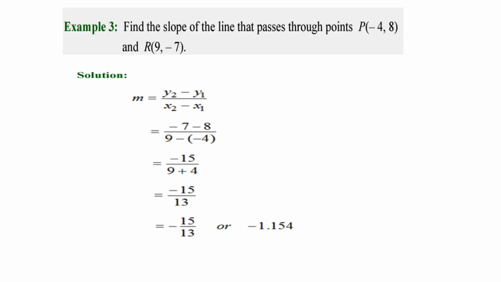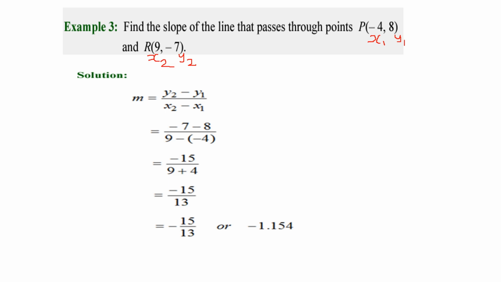Next we discuss the question: the slope of the line passing through the given points. So in the same way we have to give the names. x1 is negative 4, y1 is positive 8, x2 is positive 9 and y2 is negative 7. So give the names and replace in the rule, the formula m equal to y2 minus y1 divided by x2 minus x1.